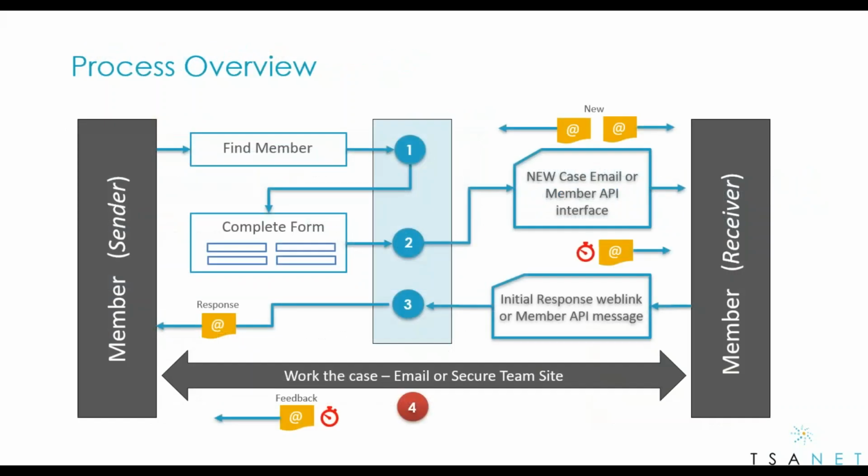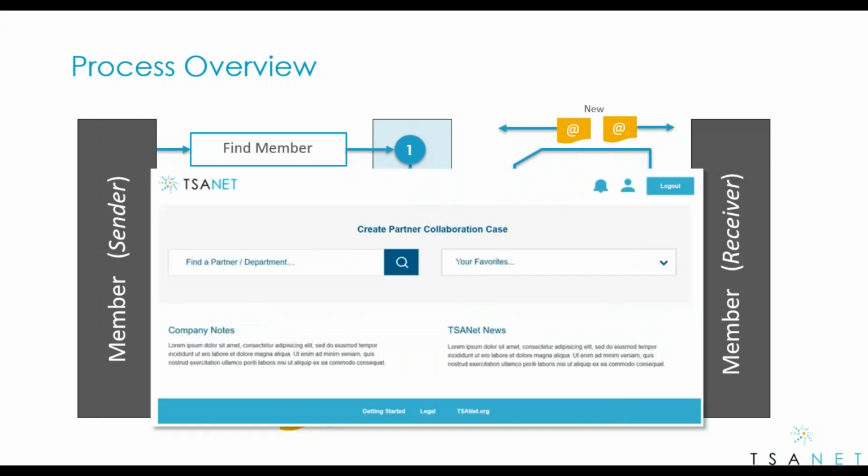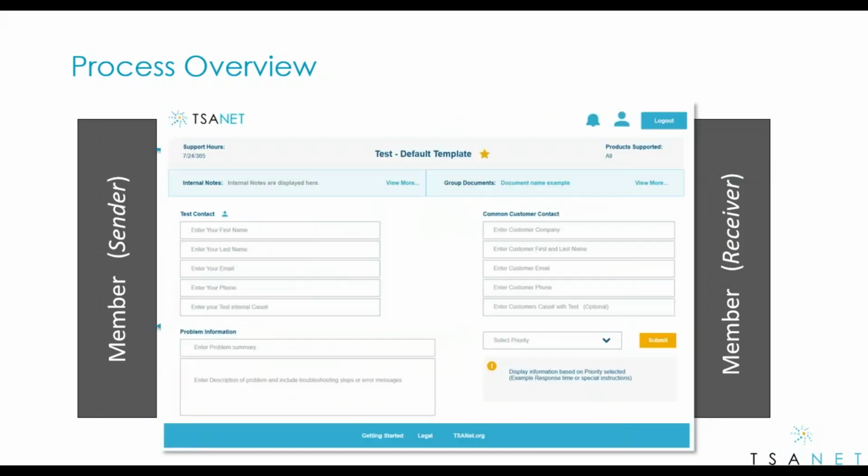I've got another slide here that basically walks through how it works. The way to look at this is we've got a member that wants to initiate a request and then a member that's going to receive the request. And it's really as simple as the member logging into TSANet Connect, finding the member company they want to collaborate with, and filling out the form.